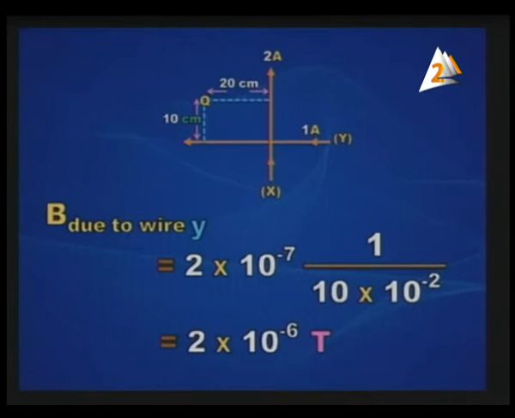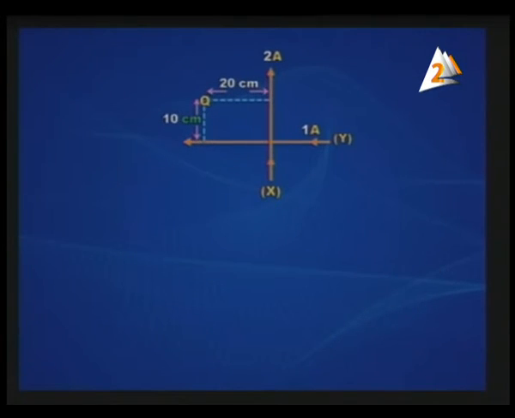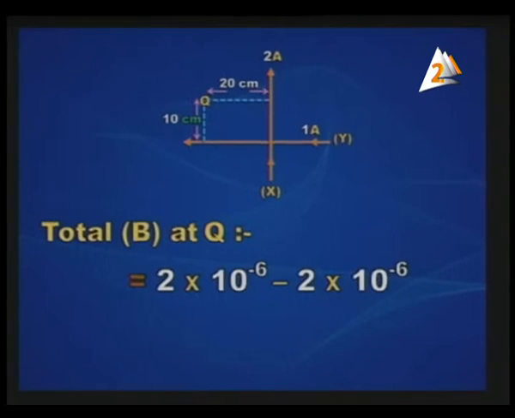Also it is equal to the same value, 2 times 10 power negative 6 Tesla. And when calculating total magnetic flux by using Ampere's right hand rule, we'll find that the two fields are in opposite directions. So total magnetic flux will be obtained by the difference. Since they are equal, the total is equal to 0.